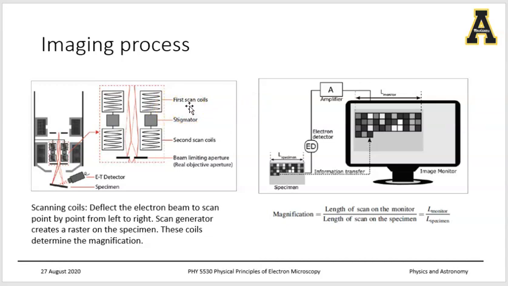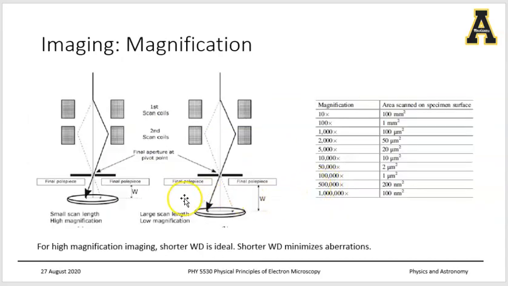Now usually the length of the monitor is constant, right? You cannot change that. So the magnification is determined by how much current you put into these scan coils, and also it depends on the working distance itself, right?